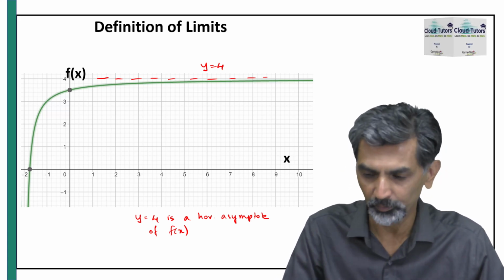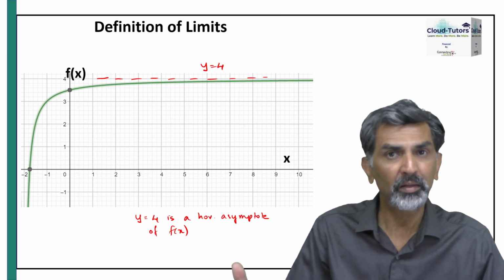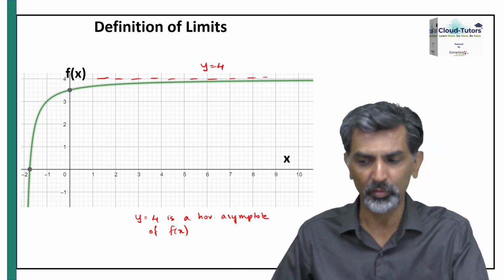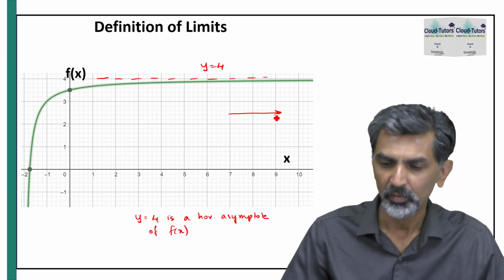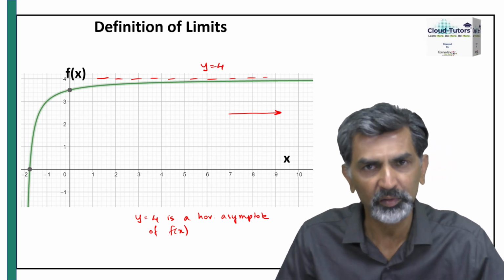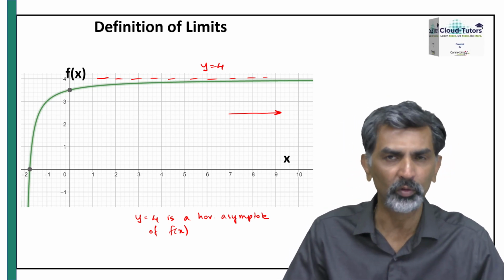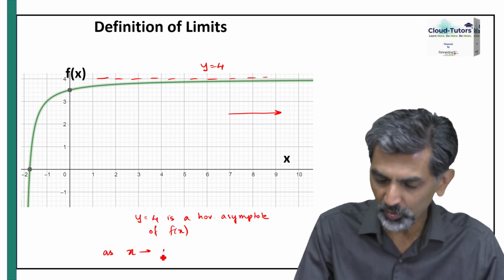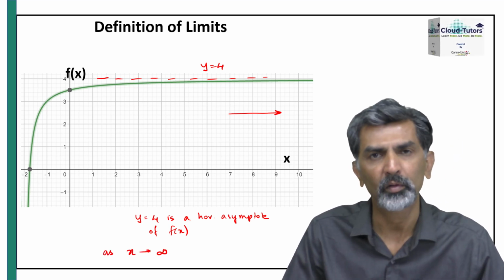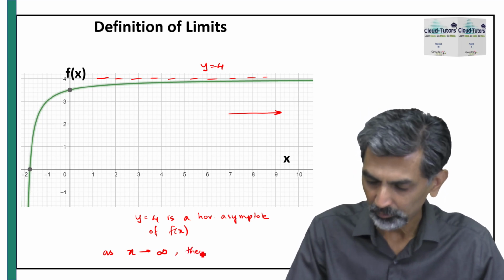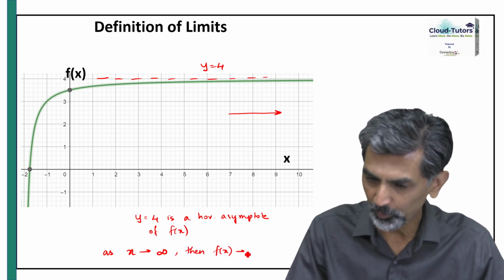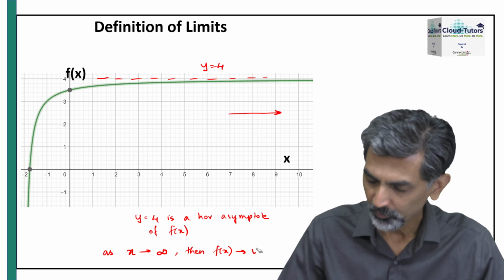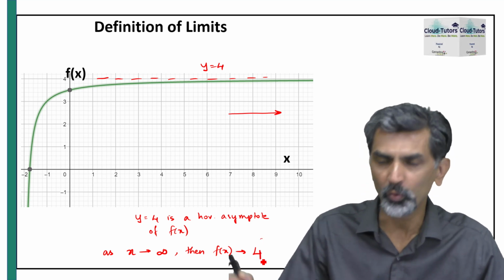That's an asymptote. Now it means that as x increases, the graph of the function gets closer and closer to the asymptote, which means that as x approaches infinity, f of x approaches 4.